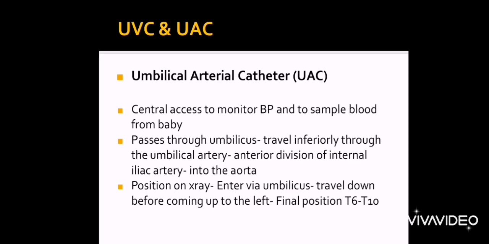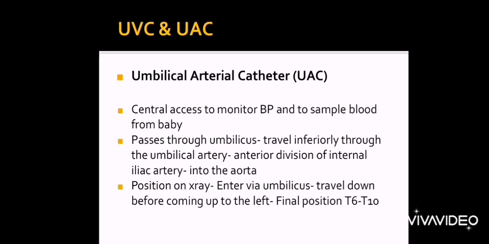So it passes through the umbilical cord in one of the umbilical arteries, and then rather than heading upwards like the UVC does, it goes down. So it travels down through the umbilical artery where it joins the internal iliac vessels, which feed into the aorta, and then it should travel up the descending aorta.